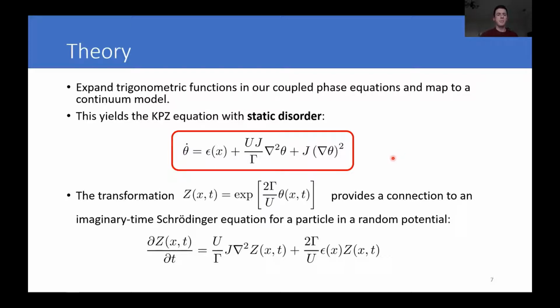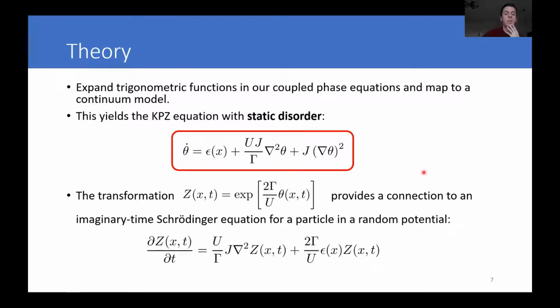But the crucial difference in this case is that we only consider spatial disorder. So our noise term, our disorder term, does not depend on time. This actually puts us in a different universality class to the traditional Kardar-Parisi-Zhang equation, which was originally used to describe stochastic deposition and interface growth, and that tends to have a dependence on time in the noise.